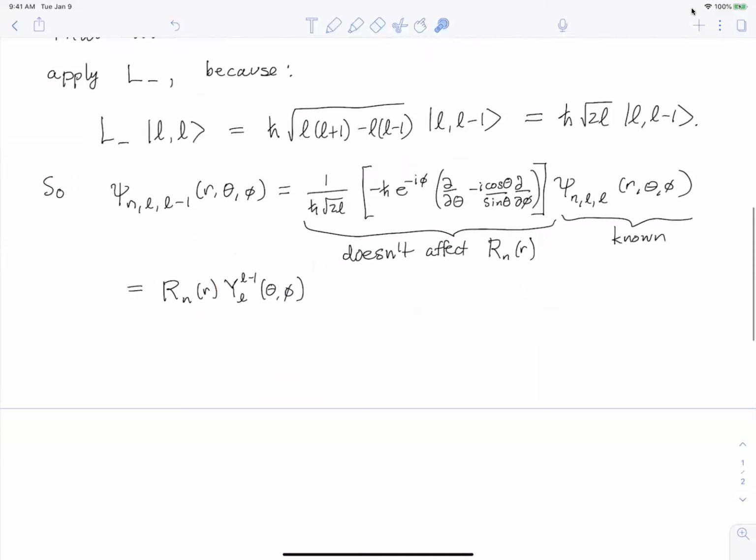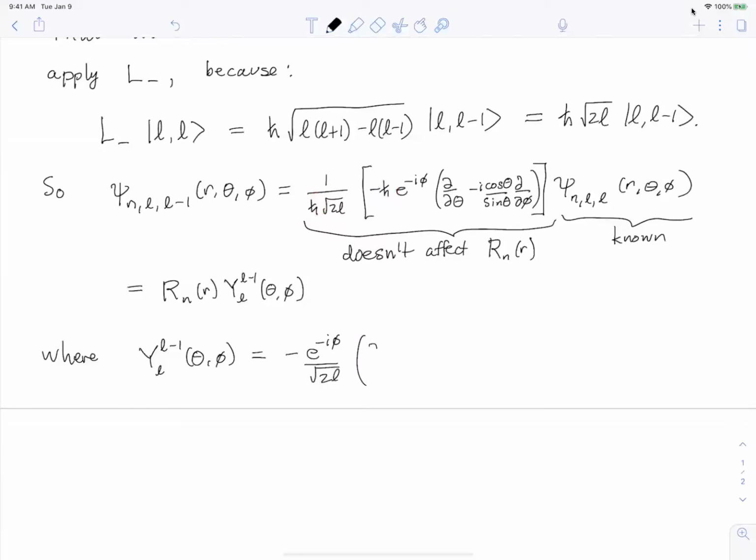Okay, and in particular, this is true where Y L L minus 1 as a function of theta and phi is minus e to the minus i phi over square root of 2L. Notice the h bars cancel.